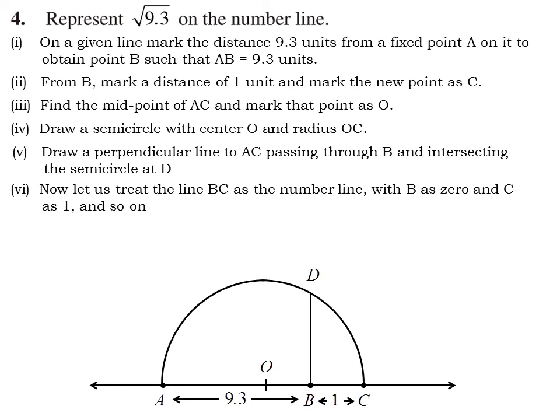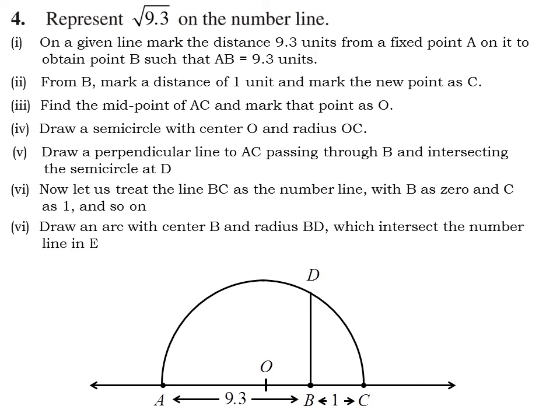Now draw an arc with center B and radius BD, which intersects the number line at E. So I am drawing an arc which intersects the number line at E. This point E represents root 9.3 on the number line. This is the method we have already learned in our previous videos.